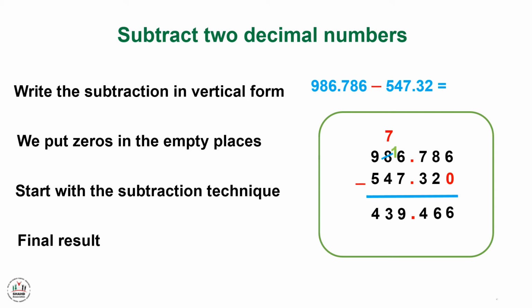So the final result is equal to 439 and 466 thousandth. So 986 and 786 thousandth minus 547 and 32 hundredth is equal to 439 and 466 thousandth.